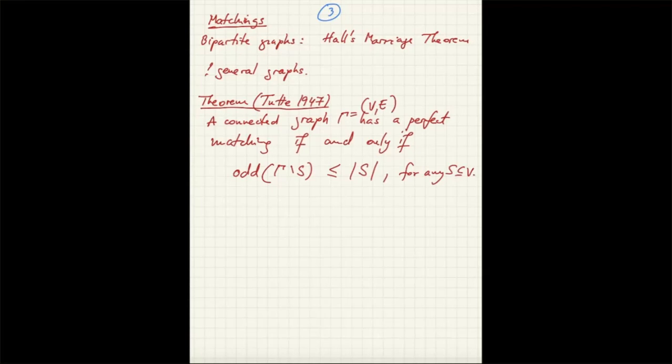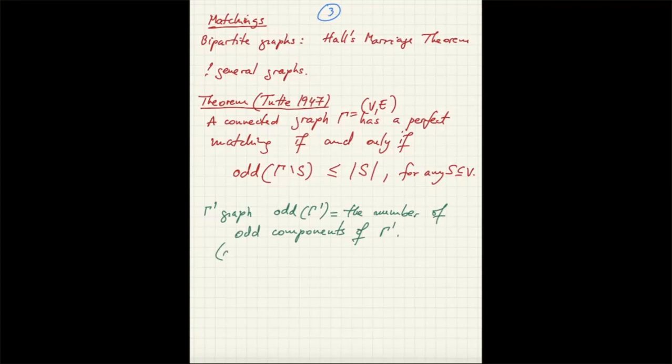Okay. So what do we mean by odd of gamma minus S? If we have a graph, let's say gamma prime, then odd of gamma prime equals the number of odd components of gamma prime.